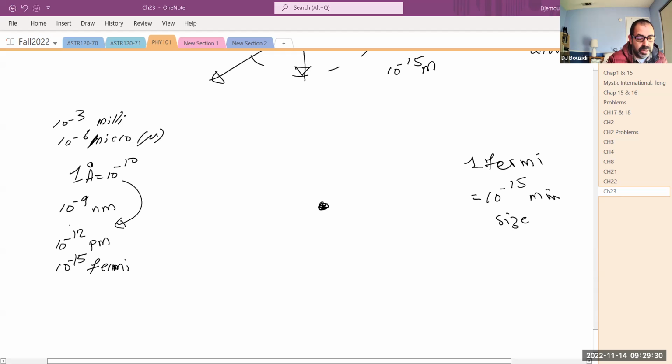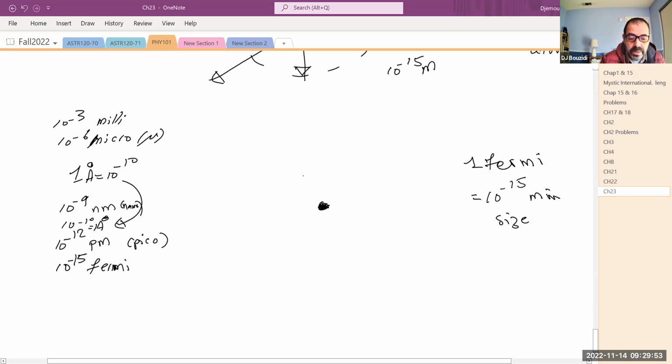It's smaller than 10 to the negative 9, but bigger than the picometer. So this is a pico, and this is a nano. It actually has a name, which is an angstrom. So this is the picture that emerged from this whole thing.